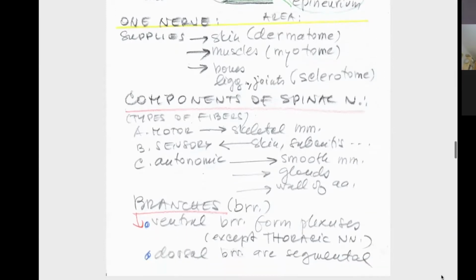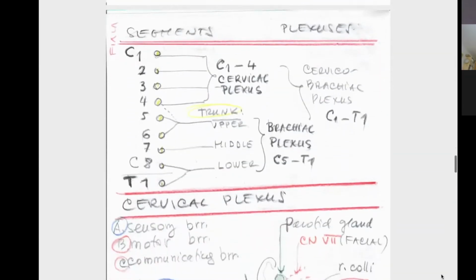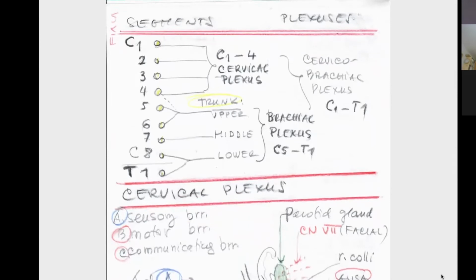On the next page, we say that the segments are usually interconnected on the ventral side, forming, as is written on the right side of this page, plexuses. So we see the segments and plexuses.